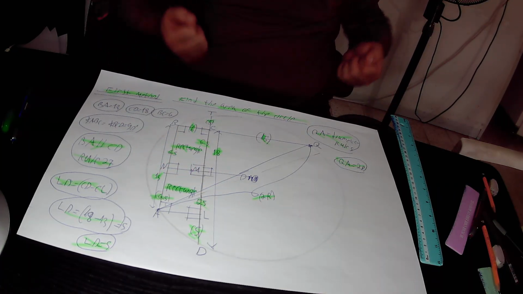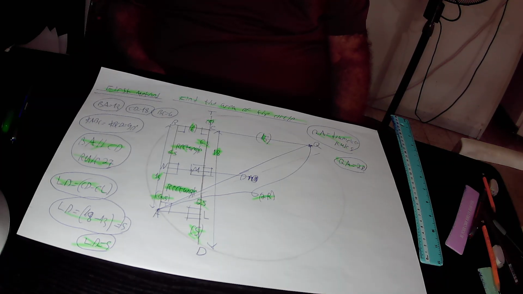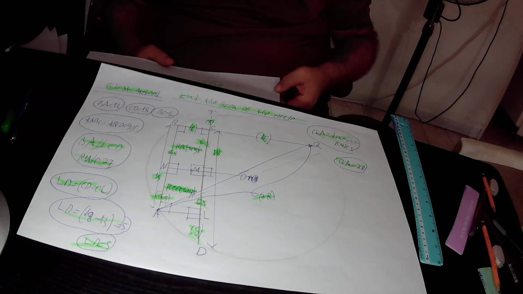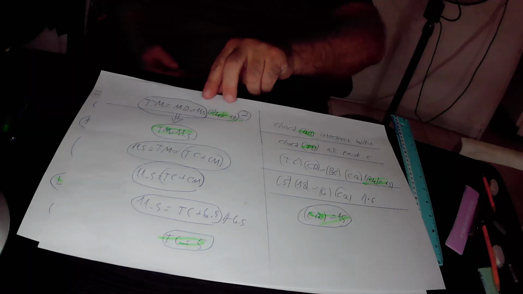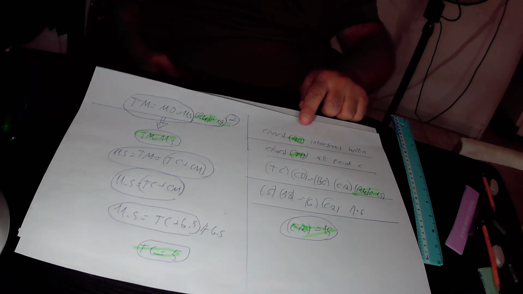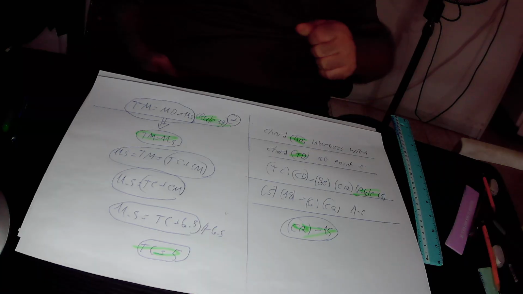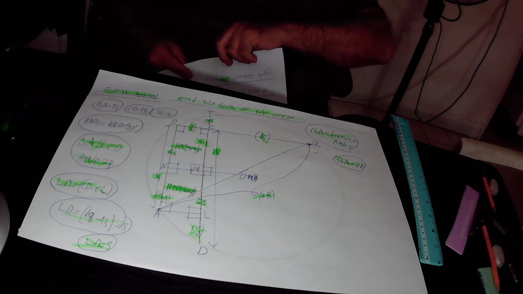And whenever you have two chords that intersect with each other, you can implement rule 15. Chord BQ intersects with chord TD at point C. So all the requirements for rule 15 are satisfied, and therefore we can implement rule 15.